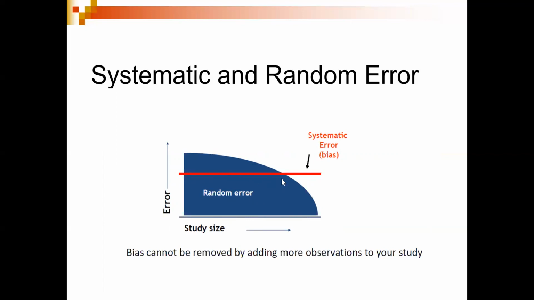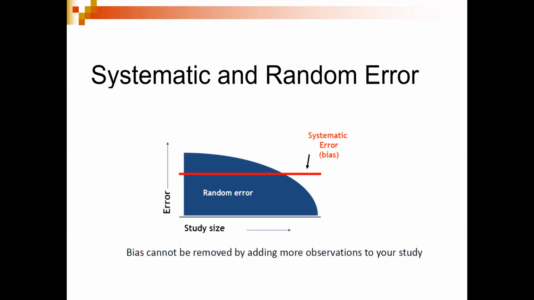It will not change no matter the size of your population. I think that's one of the main points you need to understand, the difference between random error and systematic error. Random error can be reduced by the sample size, but systematic error, you cannot reduce it.